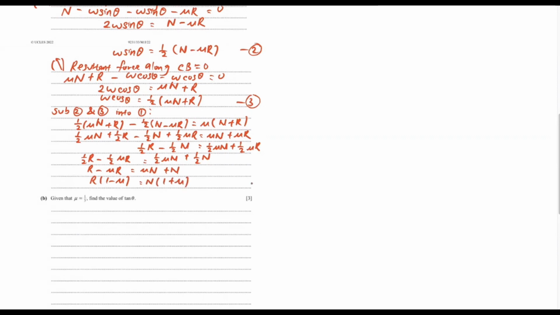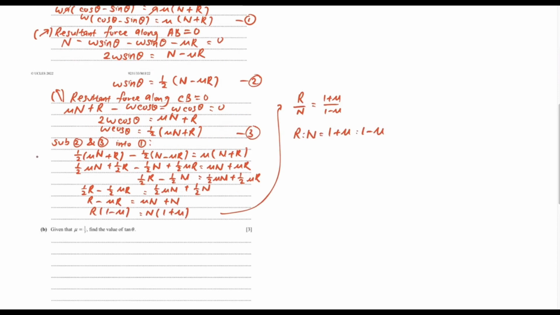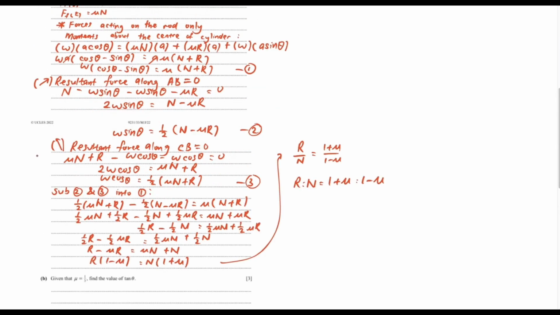Then R divided by n is (1 plus mu) over (1 minus mu). Then we get the ratio R to n, 1 plus mu to 1 minus mu. So we get this. So that is part A. In part A, we managed to get the ratio.